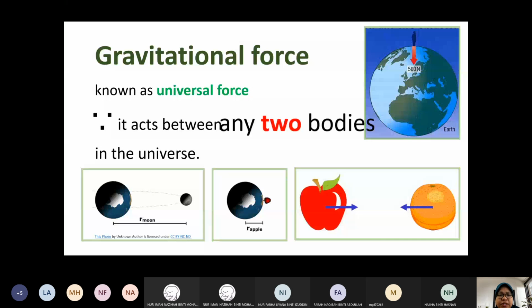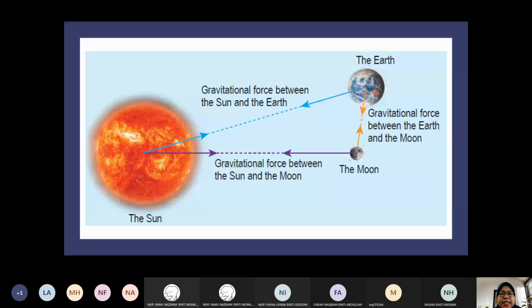Right. So if you look at this diagram, this is actually in the textbook. Okay, we have the sun and the earth. If you look at the sun and the earth, they are two bodies and there is gravitational force between the sun and the earth. Same goes for the earth, between the earth and the moon.